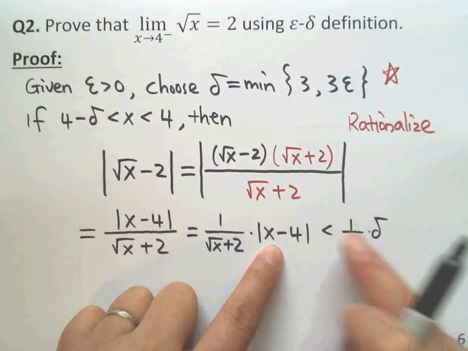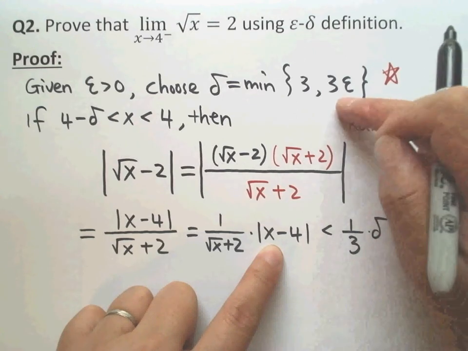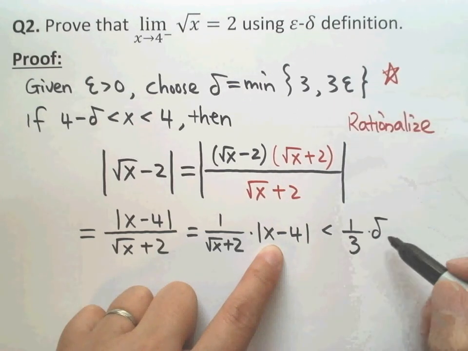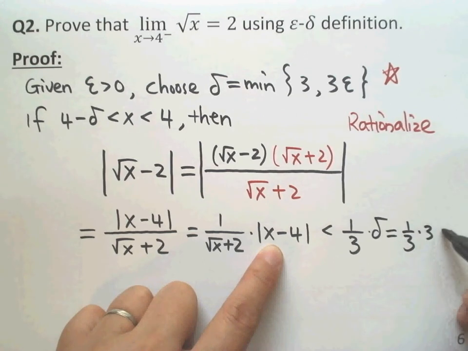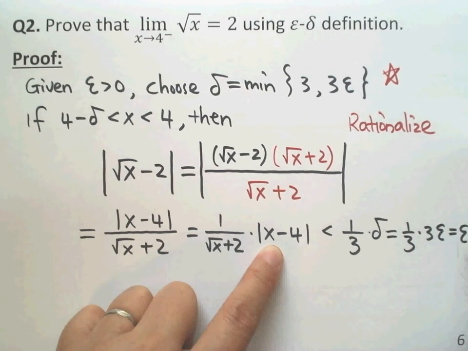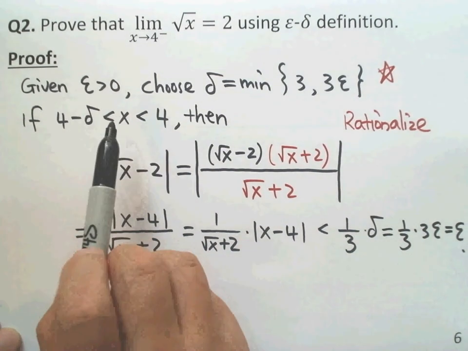This is x minus 4, whose distance is less than delta, from there. And then delta should be less than or equal to 3 times epsilon. So this is 1/3 times 3 epsilon, which equals epsilon.